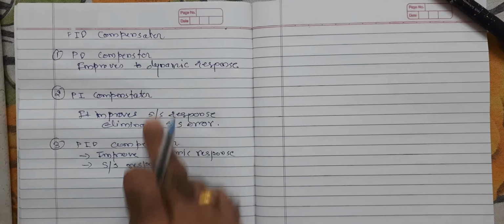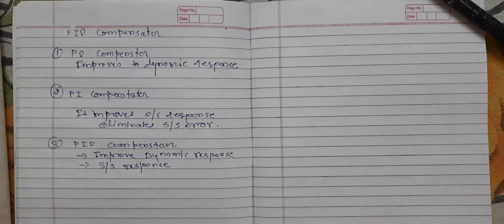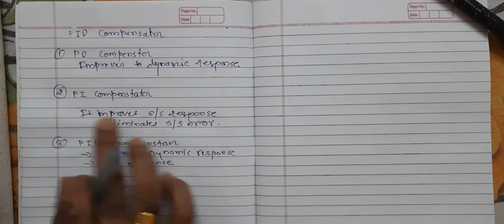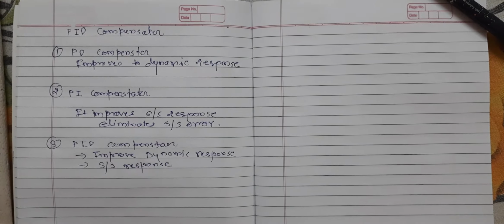So it is the combination of both the PD and PI compensators. Suppose you want to improve the dynamics as well as the steady state, the complete response that we have to modify, then we require the PID compensator. For the dynamic response improvement we require the PD compensator, and for steady state error elimination we require the PI compensator.